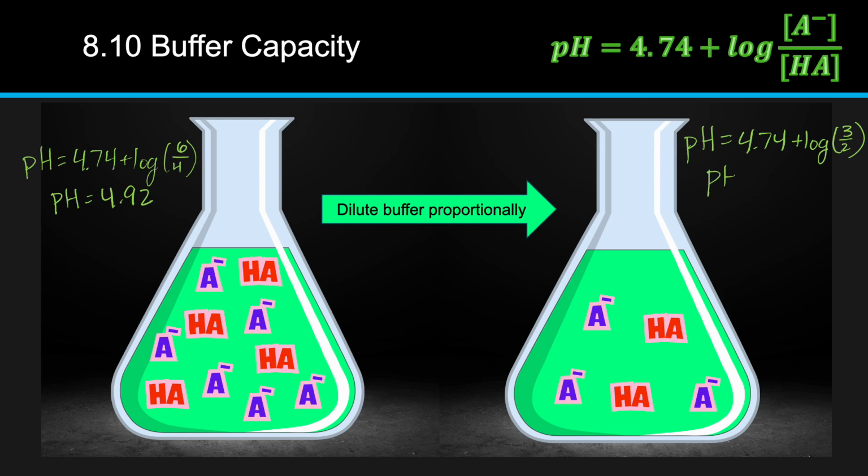Now hopefully you get the exact same pH. And this is really important for this lesson. So if you have the same proportional concentration of your weak acid and conjugate base, the pH is going to be the same.